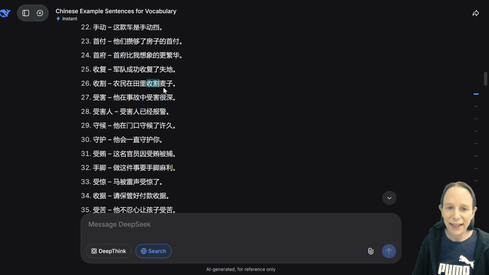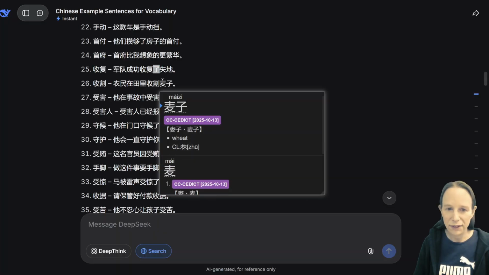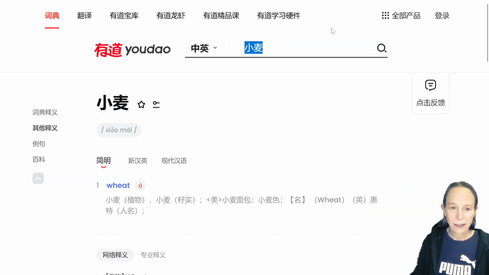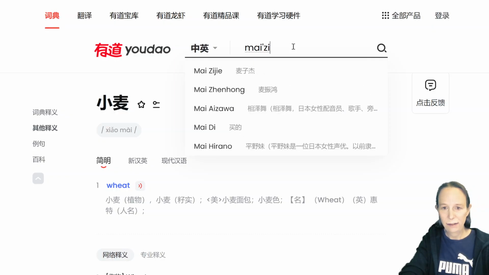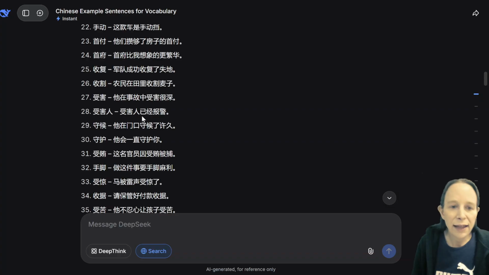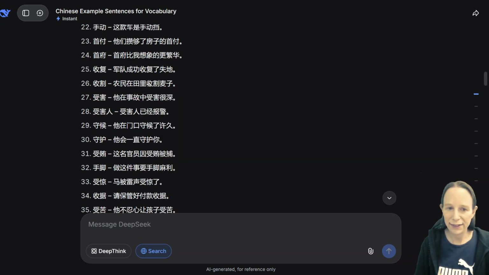So they're reaping grains. Harvesting, reaping, gather crop. 收割麦子 wheat. Okay. Wheat is not 小麦. It is 小麦. 麦子. I kind of feel like this should just be grains. No, it is wheat. Okay, wheat specifically. All right. Anyway, so harvesting the grains. 收割, and this is the literal harvesting, not a figurative to reap rewards, right?